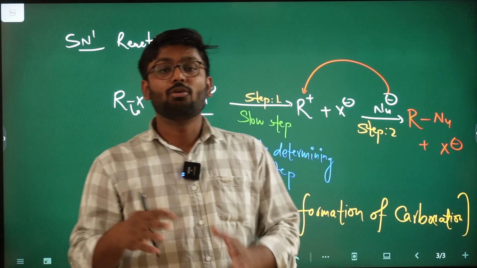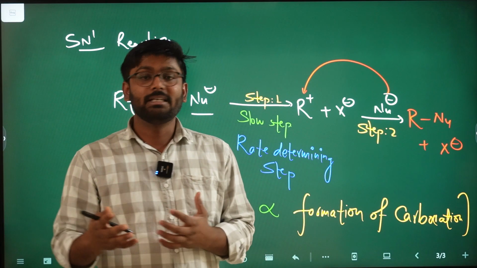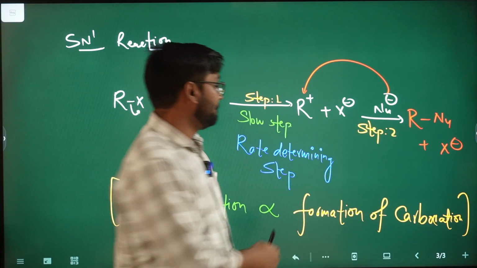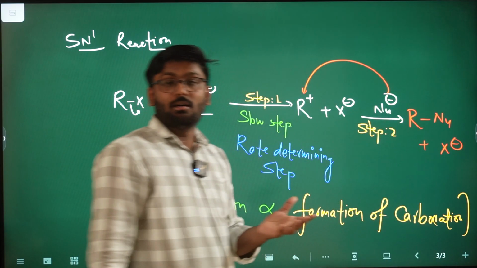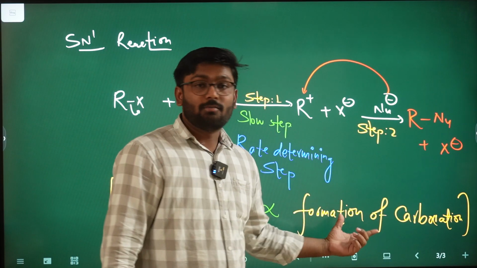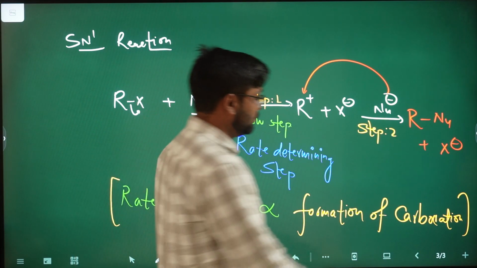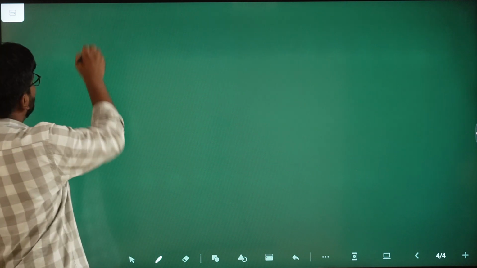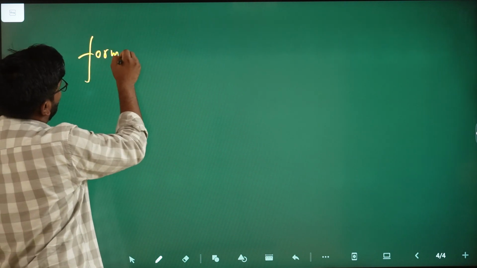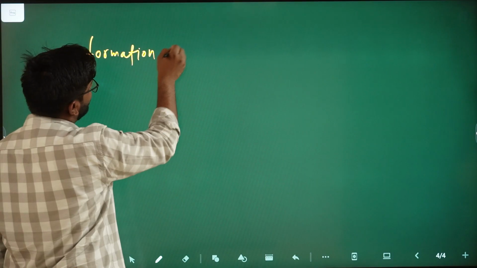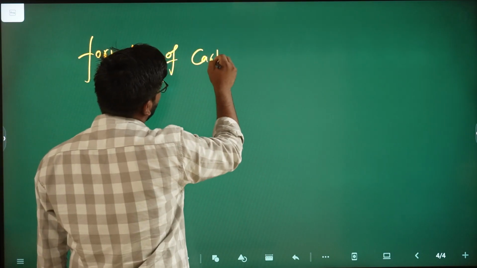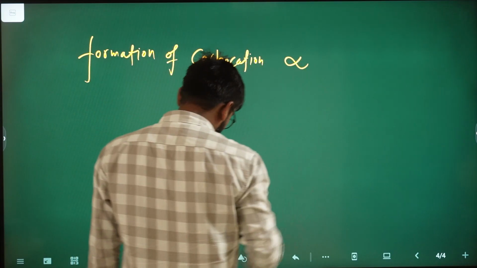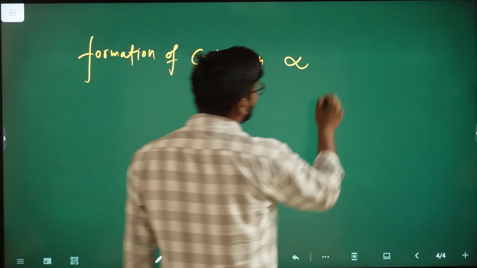As carbocation forms fast, the rate is also going to increase. So how can we determine whether formation of carbocation is fast or slow? Formation of carbocation is directly proportional to stability of carbocation.